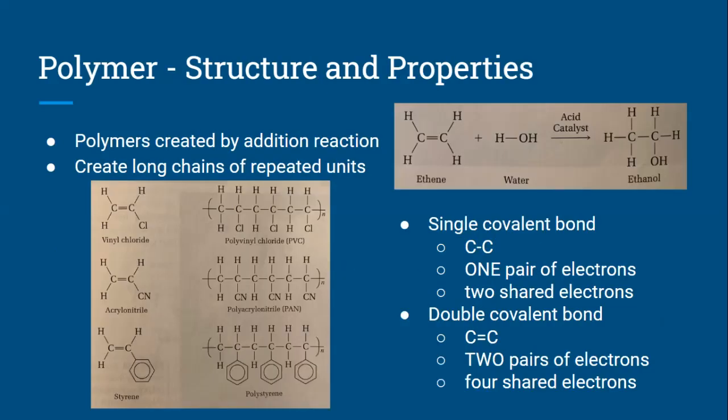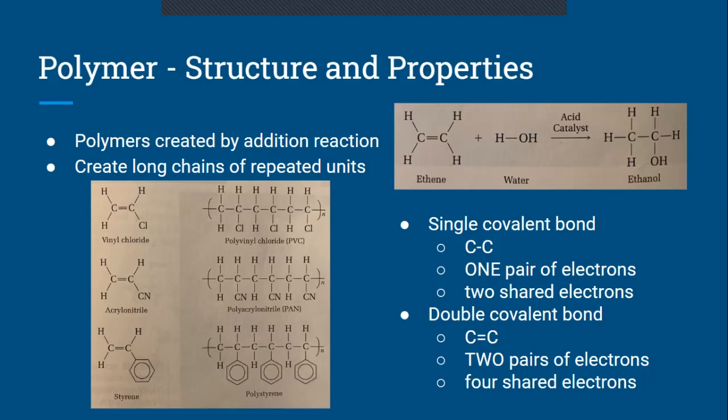A polymer structure can vary significantly. So the structure is largely the reason for the properties. First, we have to understand what they are, and polymers are created by an addition reaction. And so this picture here is the addition reaction. You have this ethene molecule, and it's going to react with a water molecule, and it's going to create one molecule.